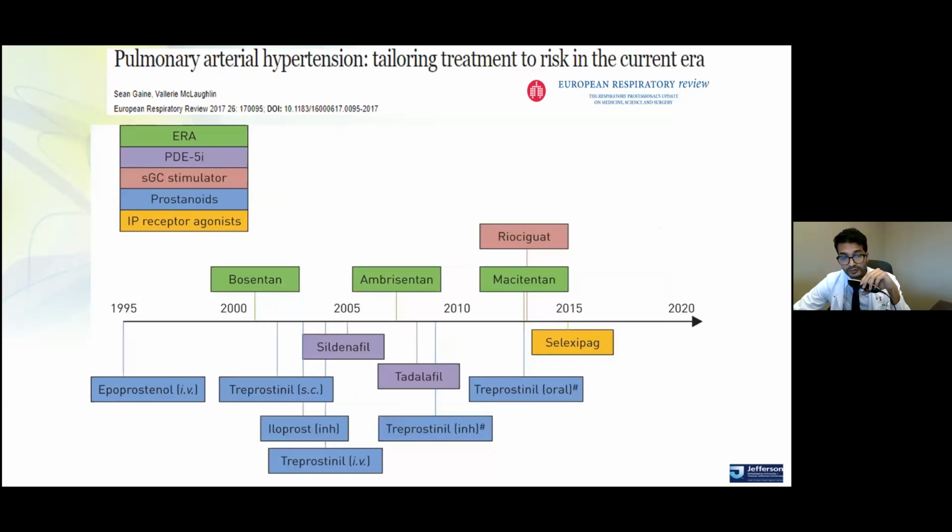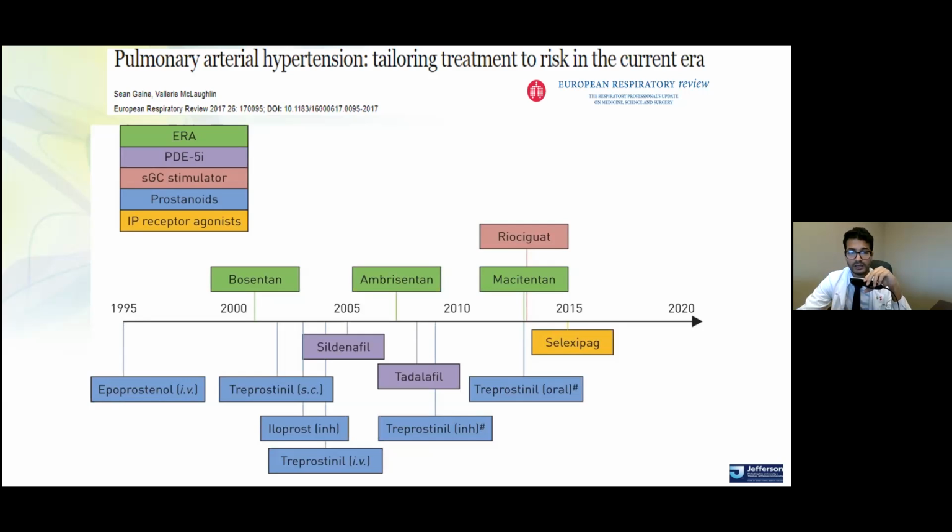Now, over the last 20, 25 years, we've had several drugs and several studies that have looked at different categories of pulmonary hypertension drugs. We have endothelin receptor antagonists like bosentan, ambrisentan, macitentan. We have PDE5 inhibitors like sildenafil, tadalafil, cyclic guanylate cyclase stimulators like riociguat, and then prostanoids, be it intravenous, subcutaneous, or now even oral IP receptor agonists such as selexipag.